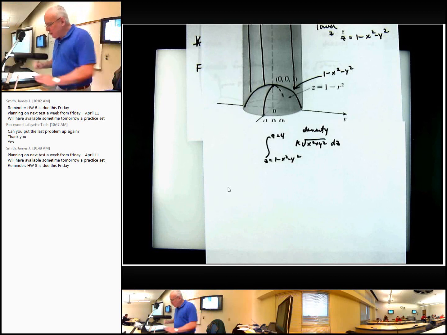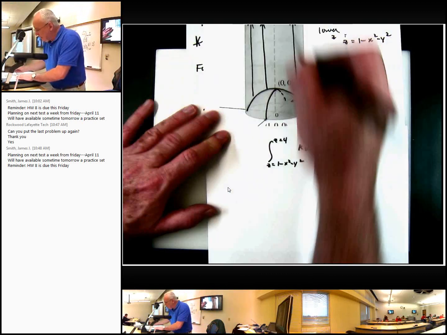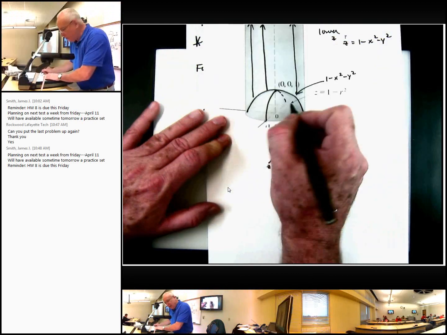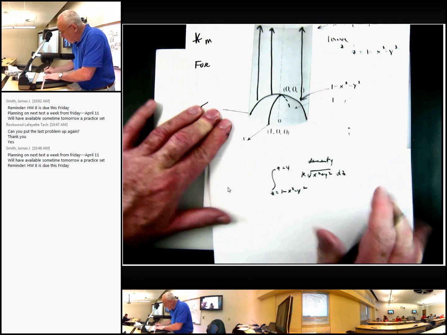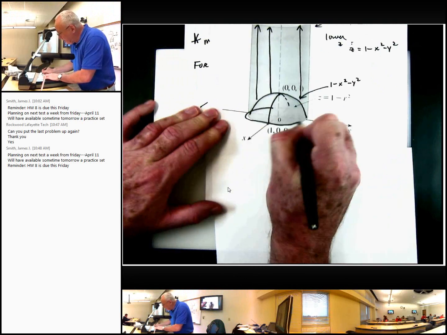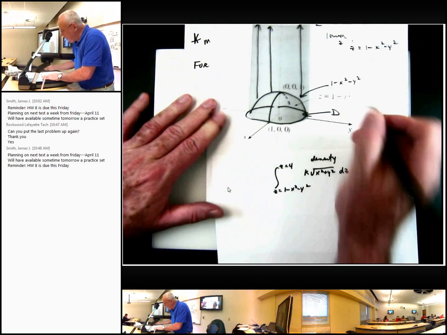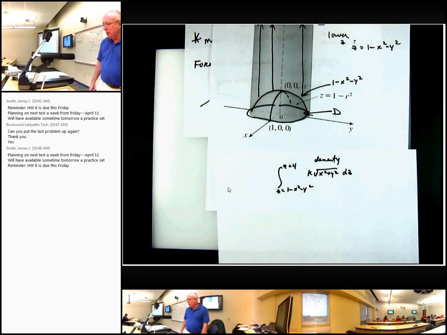Okay, so what else do we have here? We then have to project this down onto the xy plane. So this is our D right here, projected down onto the xy plane.